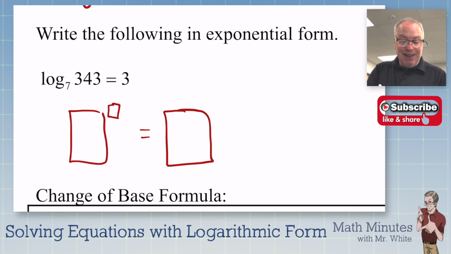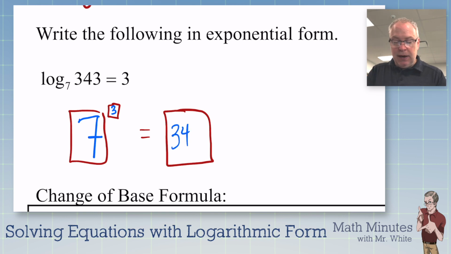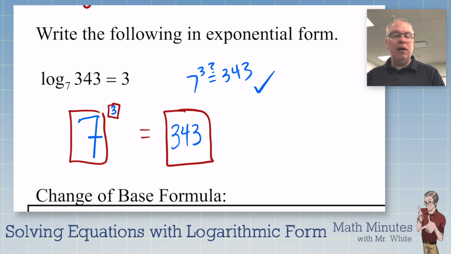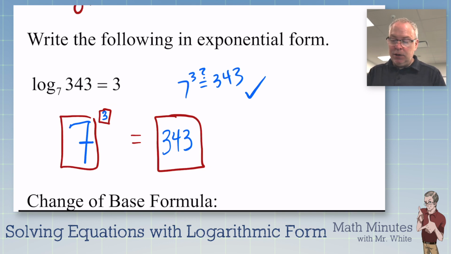Log base 7. So that goes in here. Now answers to logs are exponents. Here's the answer to the log, so that goes up here as an exponent. So 7 to the 3rd power equals, that must mean the 343 goes in here. So you might put that in the calculator. Does 7 to the 3rd power equal 343? Yes, it sure does. Okay, so you just rewrote it in exponential form.